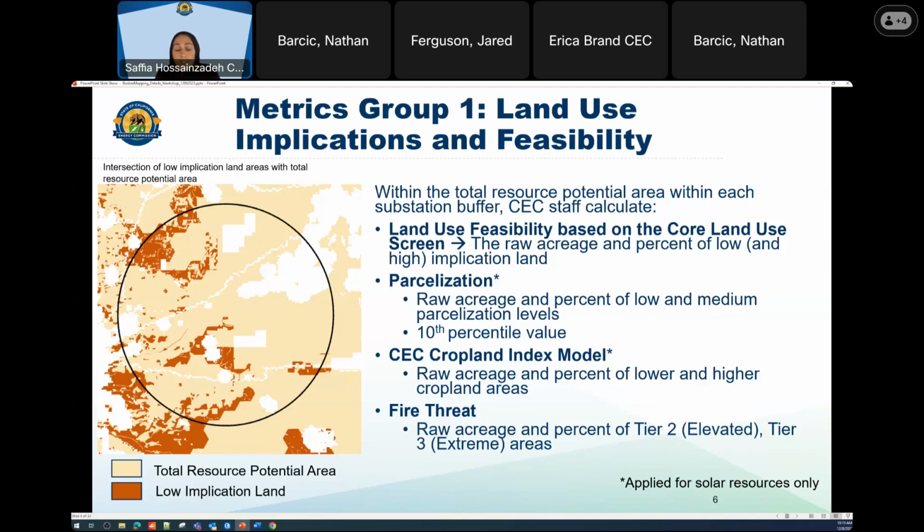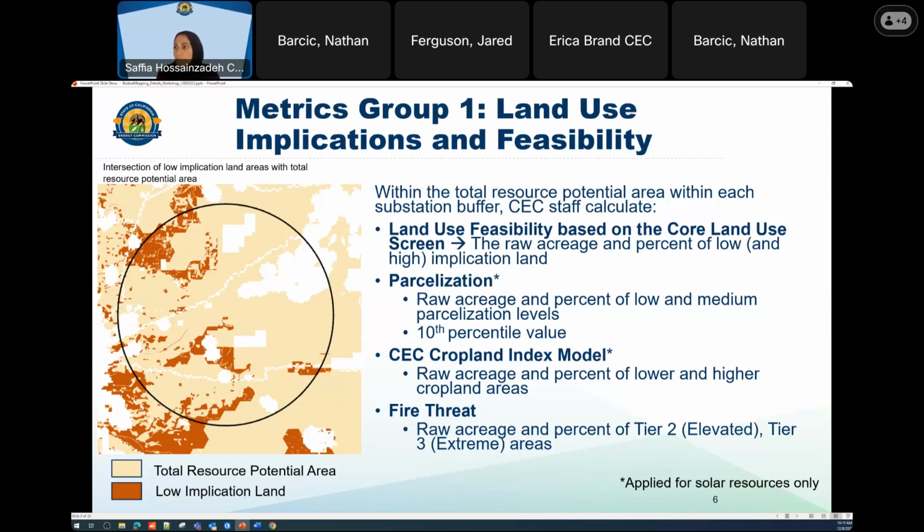Then we have parcelization, and parcelization is a measure of the number of unique parcels within a half-mile radius of a location. And it gives an indication of the parcel size and density of the area. And it's an important land use characteristic for the solar development feasibility of an area.